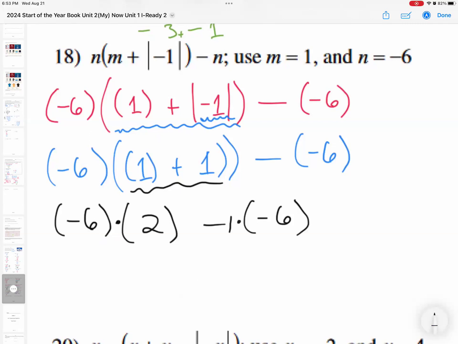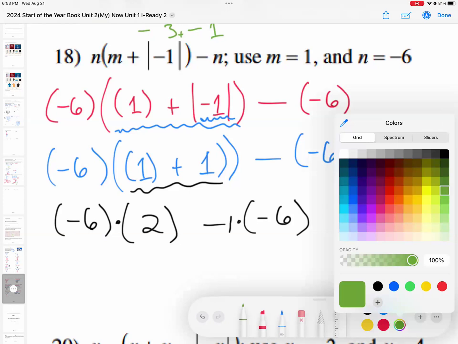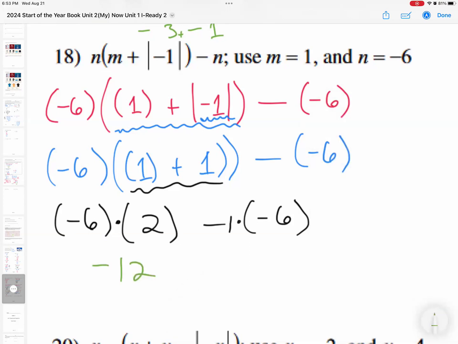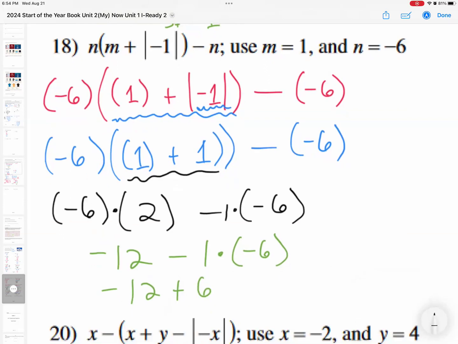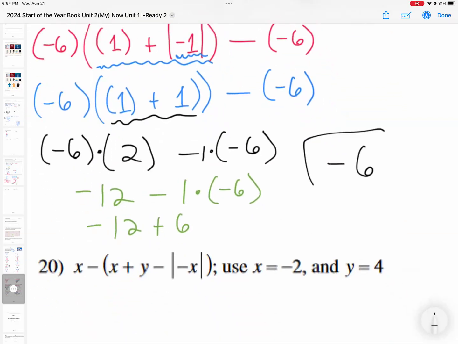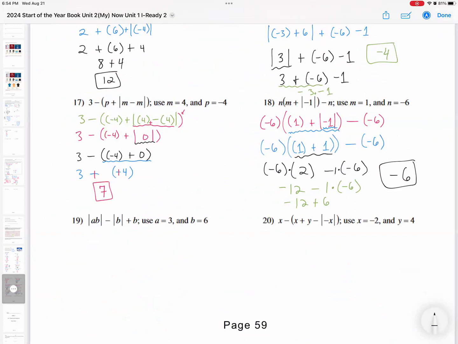Thinking from left to right, you end up with -6 times 2 is -12. And then -12 times -1 times -6 is +6. Negative times negative is positive. And so in the end, you should end up with -6. So there are 17 and 18 if you need to go back, pause the video, rewatch certain parts.